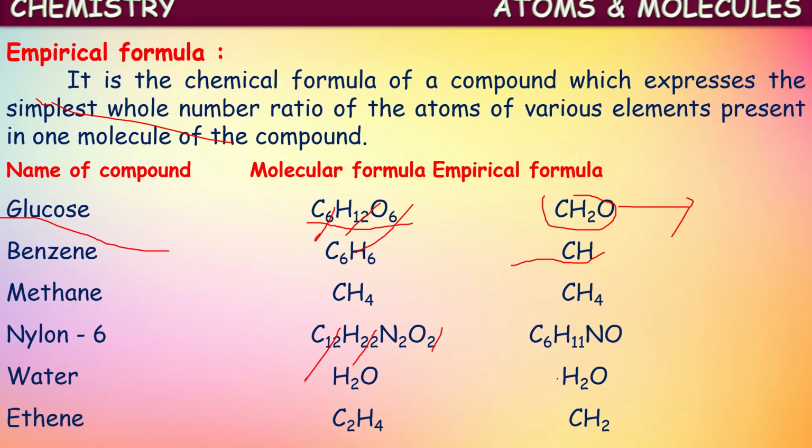This is the empirical formula of nylon. Similarly, water, H2O: the simplest whole number ratio of H2O is H2O only. Ethene, C2H4, 2 ones are, 2 twos are. So therefore CH2. The empirical formula of C2H4 is CH2. This is what empirical formula is.